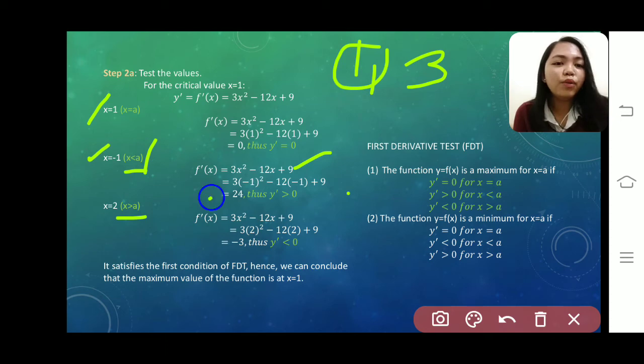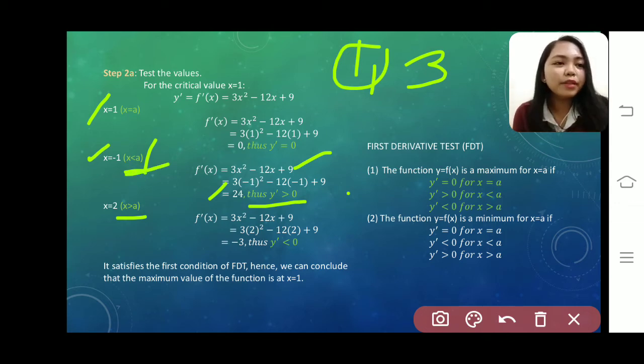Therefore, ang nakuha nating sagot is 24. So, consistent naman yan. Kapag lahat ng values ng x less than 1, ang ilalabas niyang sagot, positive yan lahat. Therefore, masasatisfy niya yung condition na y prime is greater than 0 for x less than 1.